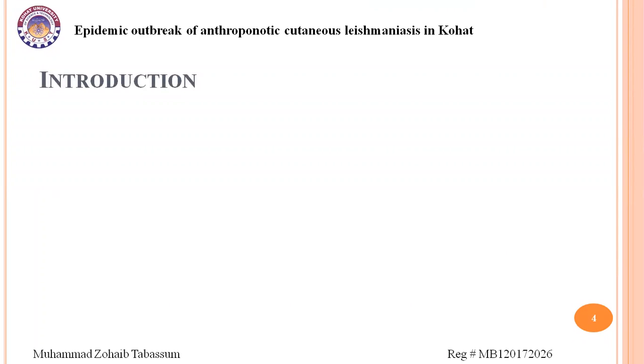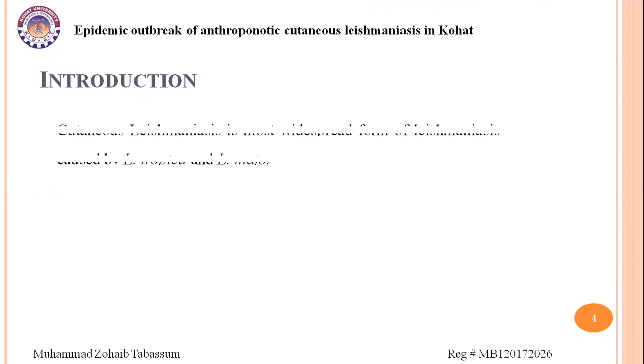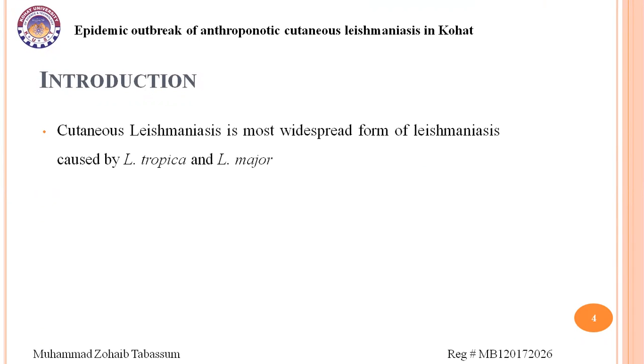Let's start with the introduction. Cutaneous leishmaniasis is the most widespread form of leishmaniasis caused by Leishmania tropica and Leishmania major that invade the host macrophage cells, causing skin lesions on exposed parts of the body such as face, arms and legs.